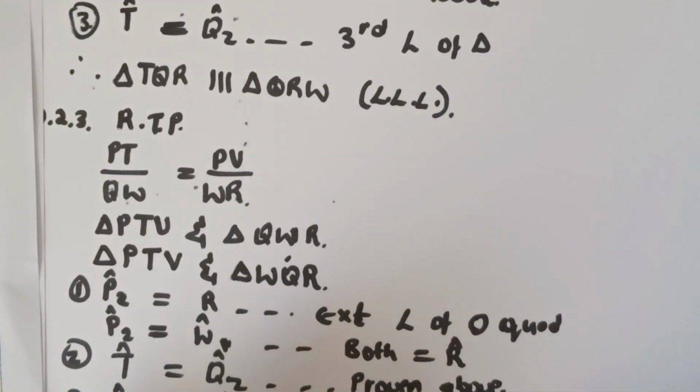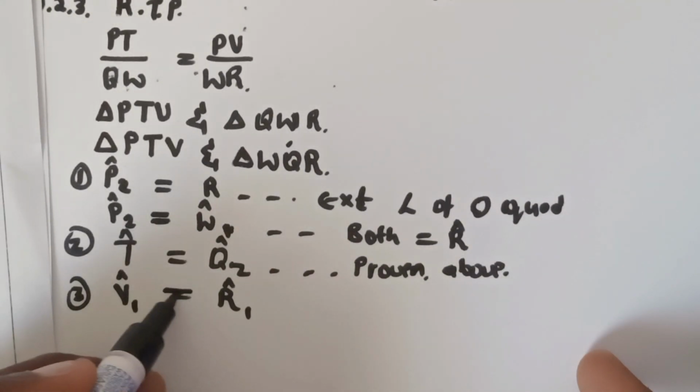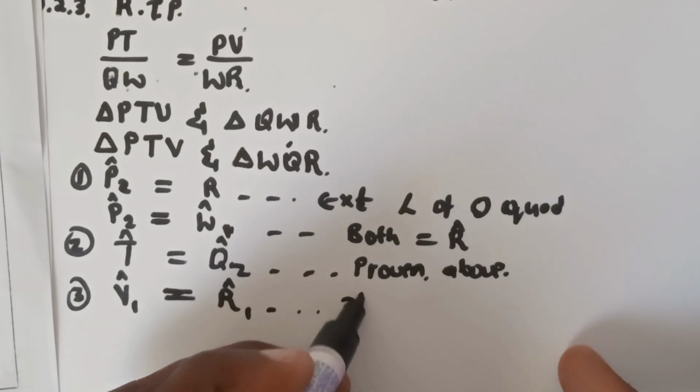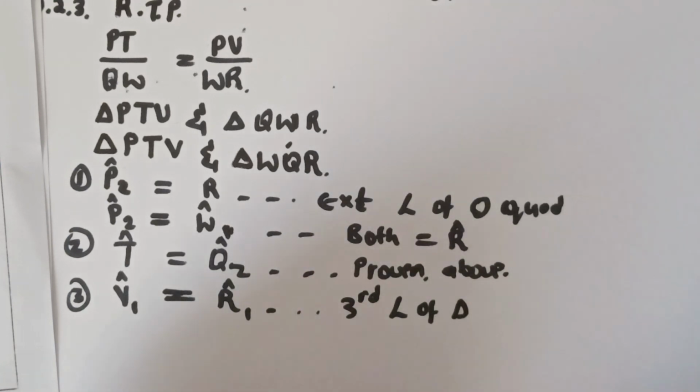Angle V1 and angle R1 are equal as the third angle of a triangle. I did discuss with you that the third angle of a triangle, they are equal because the two angles are equal, and when you subtract them from 180, they give you the same angles.